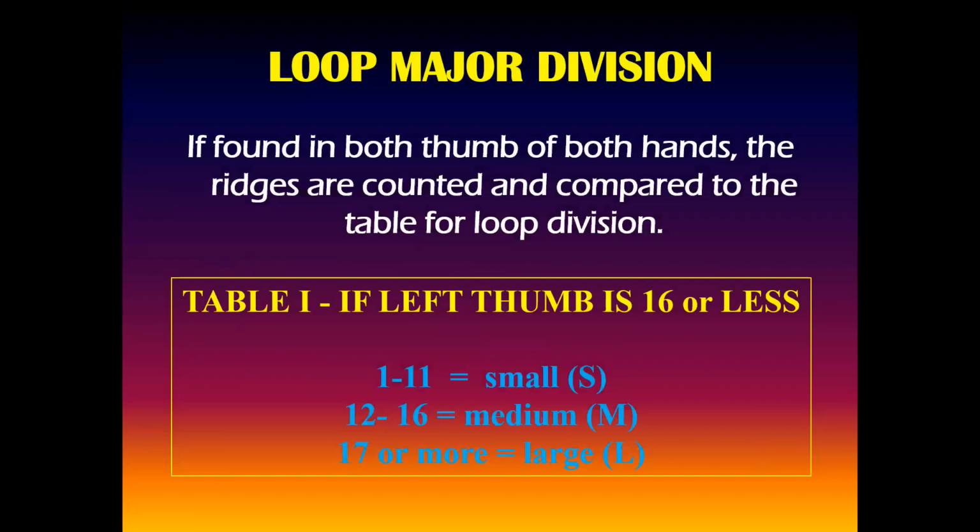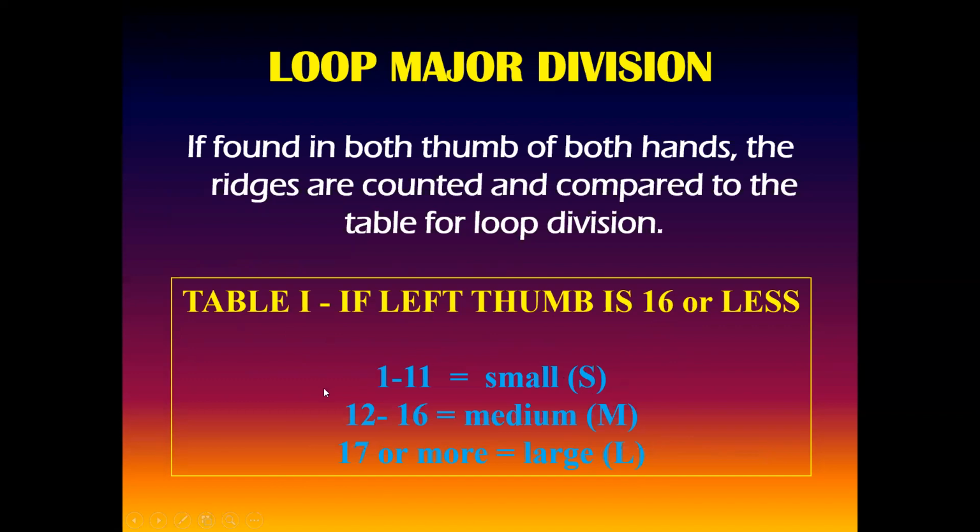Take note that our primary consideration in the loop major division is that, if both thumbs are loop, we always prioritize the left thumb, so that if the left thumb is given the value of small and medium, meaning that the number of ridge count is 16 or less, then we will use this table, the same table, for our right thumb.